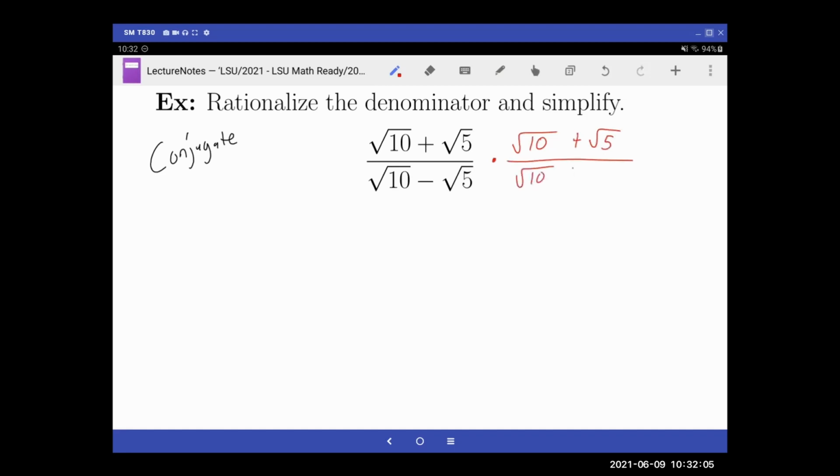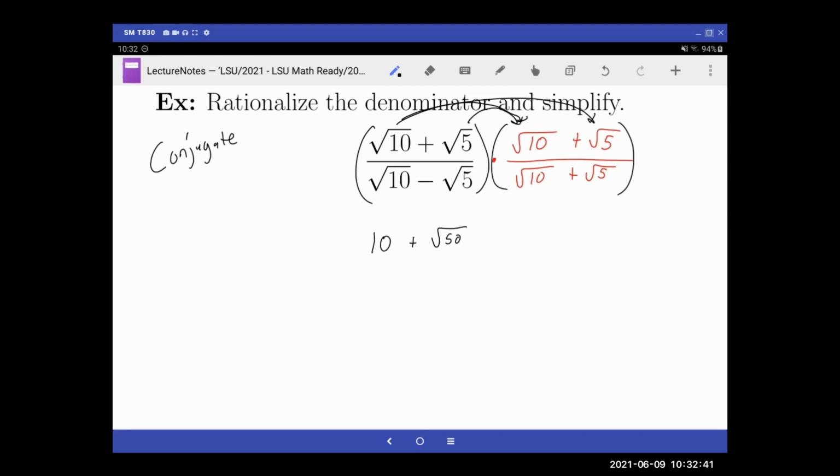So I got the square root of 10 plus the square root of 5, again, by looking at the denominator and changing the middle sign. It just so happened to match the top, but that's not always going to be the case. Remember, this is going to be something where we distribute. So distribute the 10. Square root of 10 times square root of 10 is just 10. Square root of 10 times square root of 5 is the square root of 50.